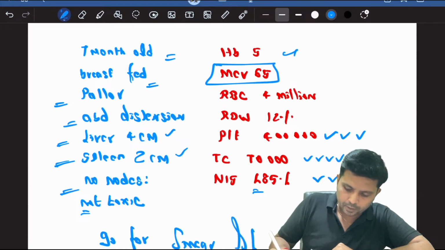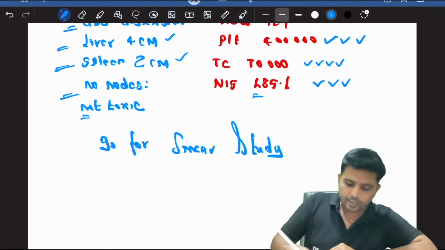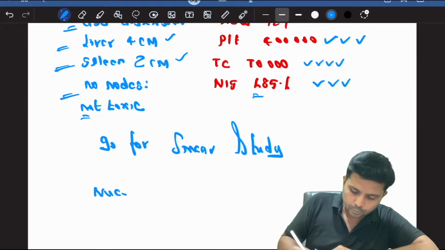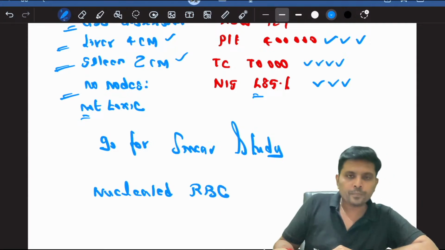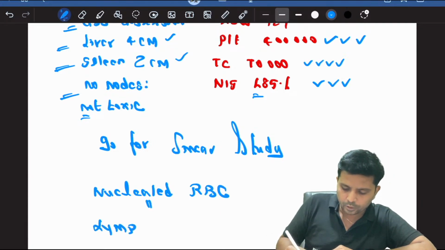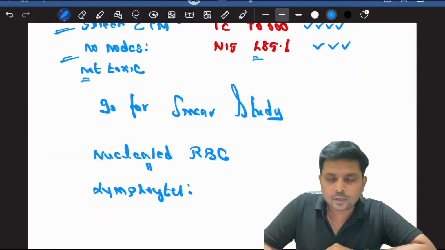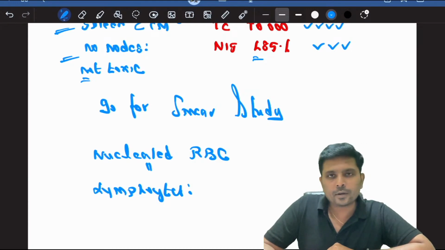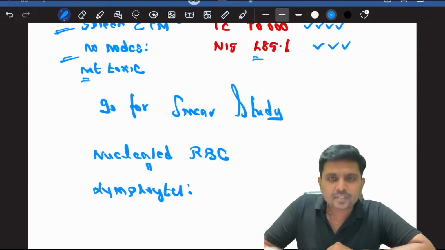Smear study if you have any confusion. Here smear shows numerous nucleated RBC. Nucleated RBC, the size is equivalent to lymphocytes. You all know that Coulter counter, three-part counter, is basically based on the size of the cells.